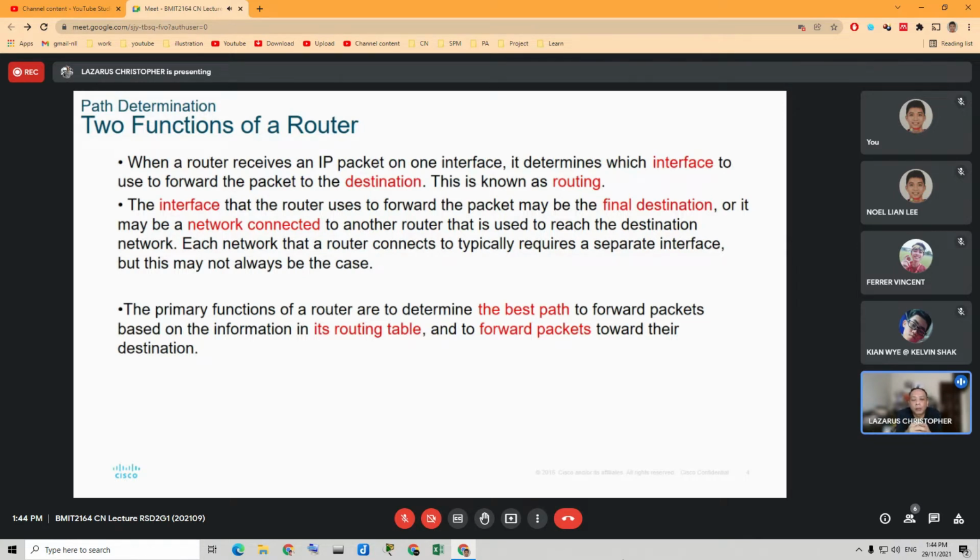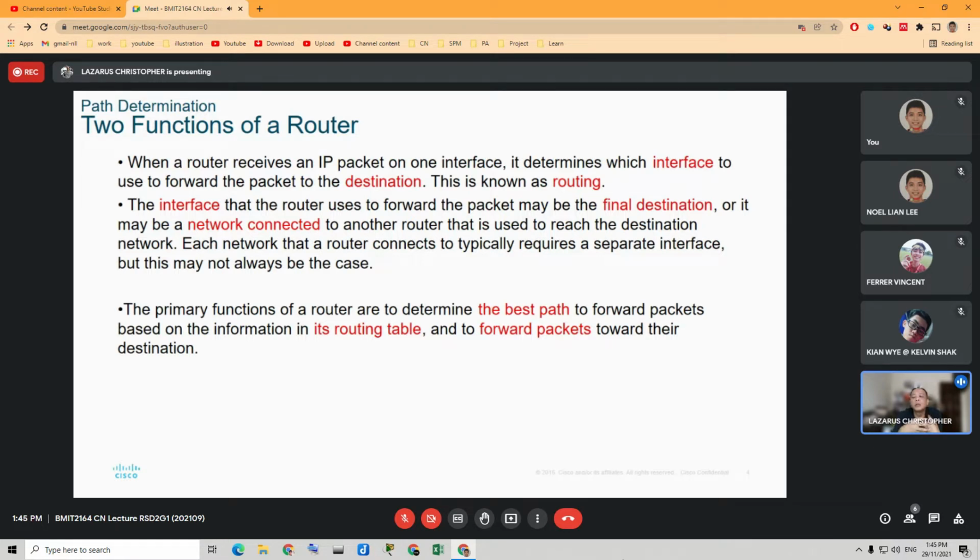And the hope is that after being forwarded via the identified interface, the packet can be forwarded further onto its destination. And this is what we call routing.